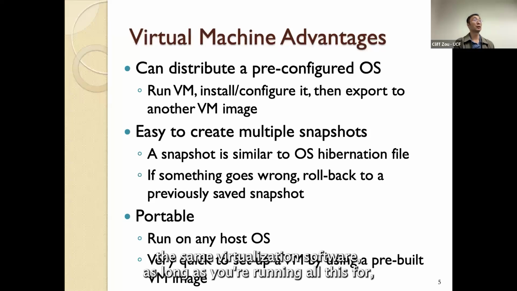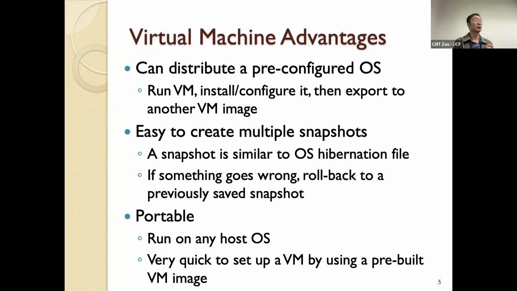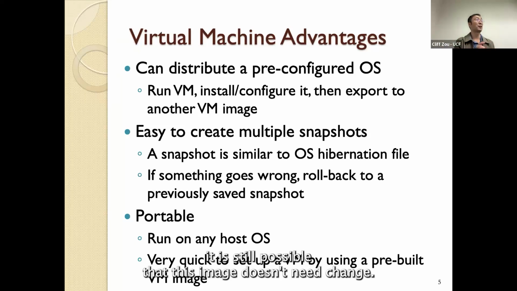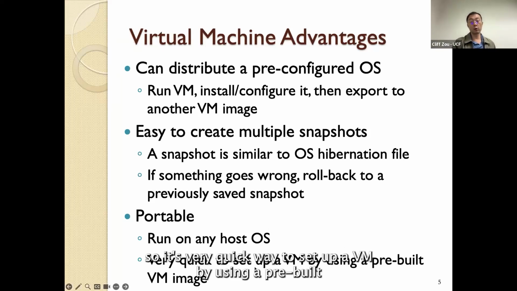Even if you are running different virtualization software, it's still possible that this image doesn't need change. You can directly import it on another machine. So it's a very quick way to set up a VM by using the pre-built VM image.